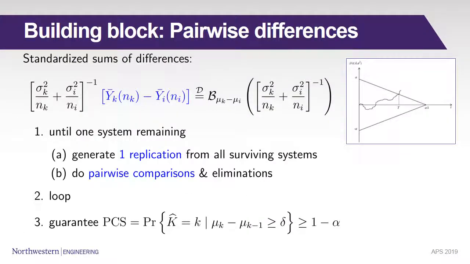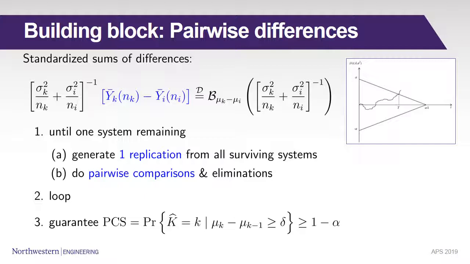There are a wide variety of ranking and selection procedures, but many of them have as a basic building block looking at certain standardized pairs of differences. So the part of the formula highlighted in blue is the difference between the sample mean of system K, which is in reality the best system, and some other system i, with a standardization based on their variances and the number of observations.